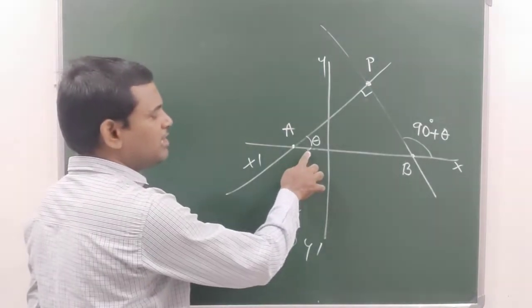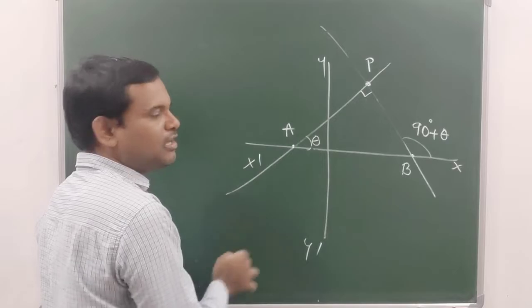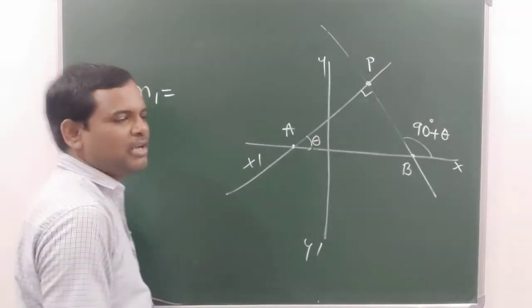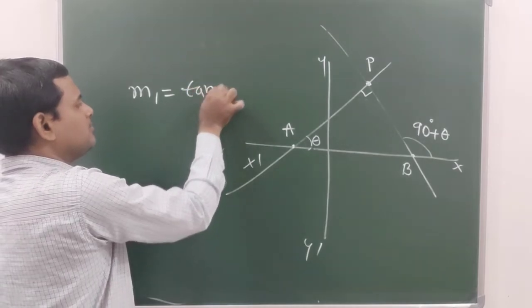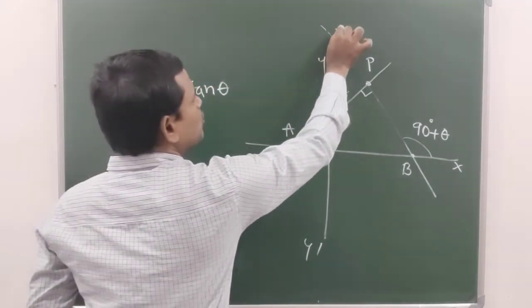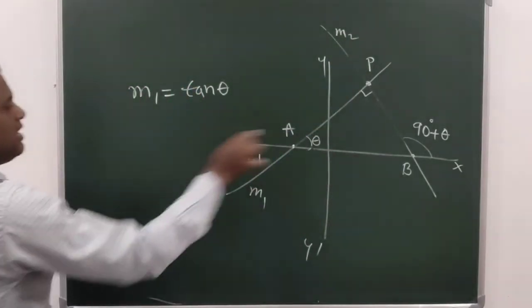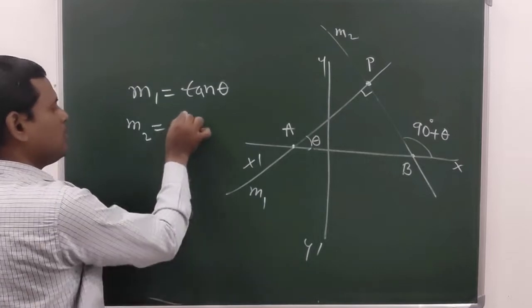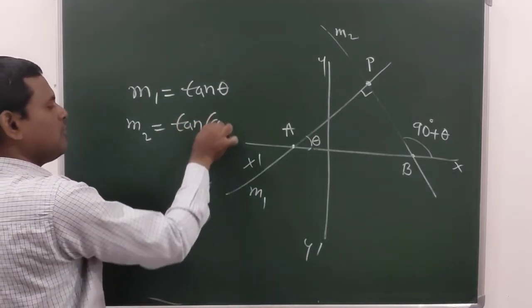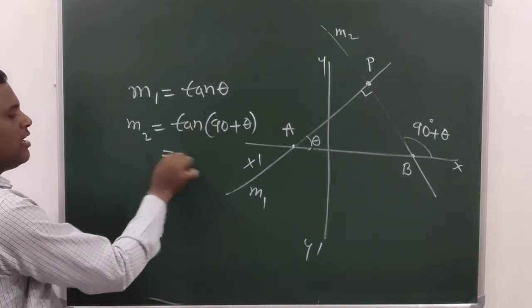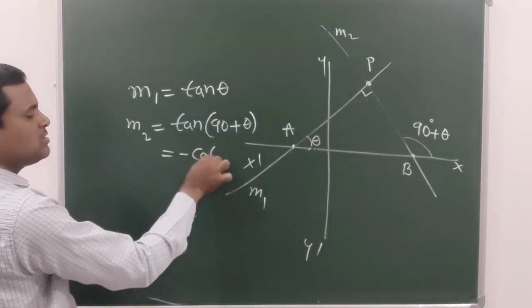Now here we have taken the inclination of this line as theta, no? Then how much whose slope will be? Tan theta. Now let us take slope of the second line as m2. Now inclination is known. Then get their slope tan of 90 plus theta. Now as you know, tan of 90 plus theta is equal to minus cot theta.